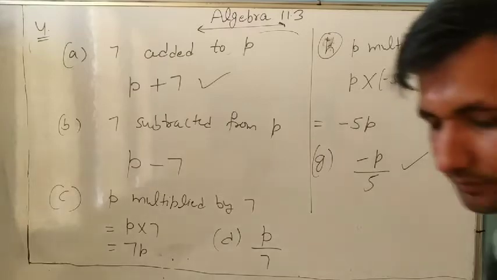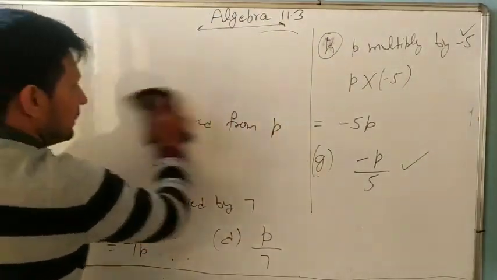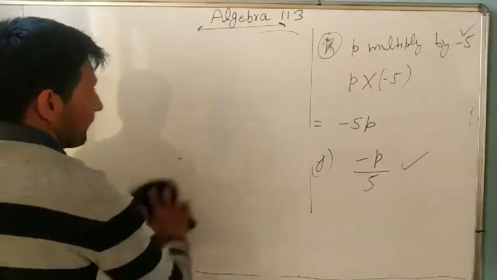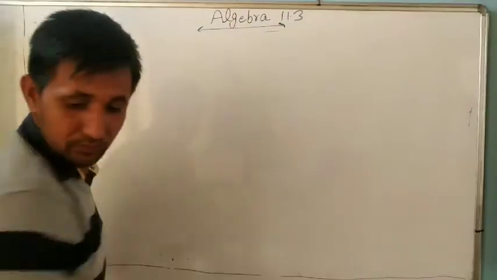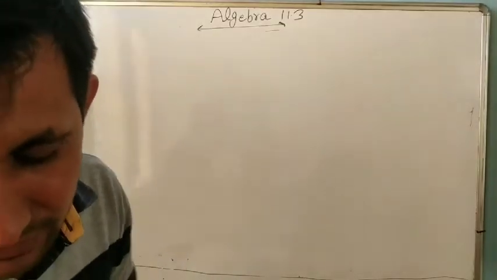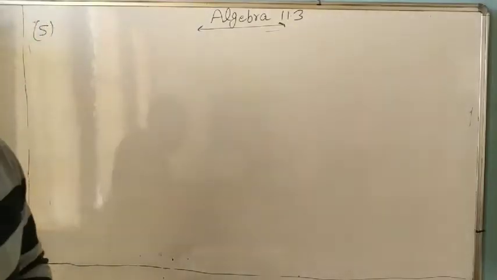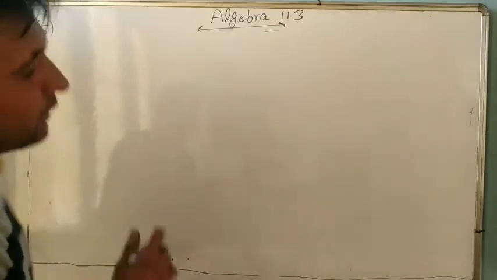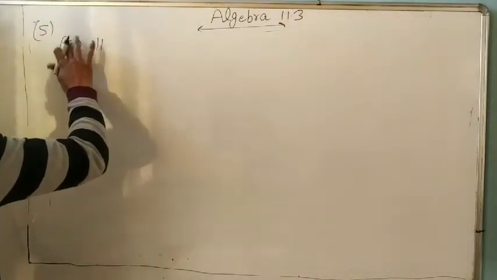Next is question number 5. Give expression. We have to write in expression. First is the A part, B part.